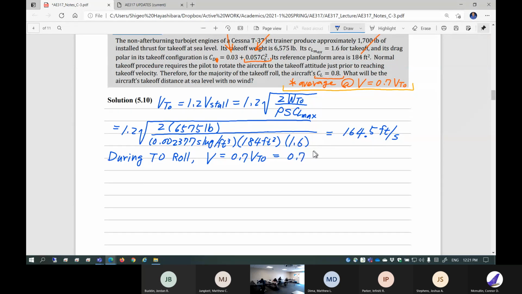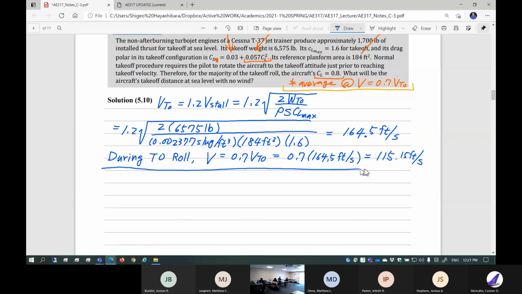So 0.7 times this value, 164.5. This is going to give you 0.7 VTO velocity is 115.15 feet per second. Okay?